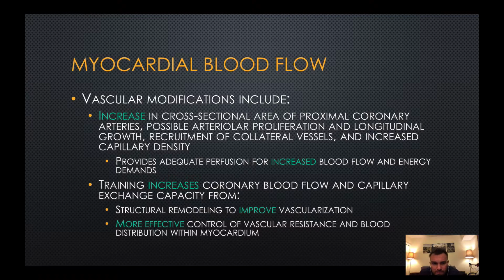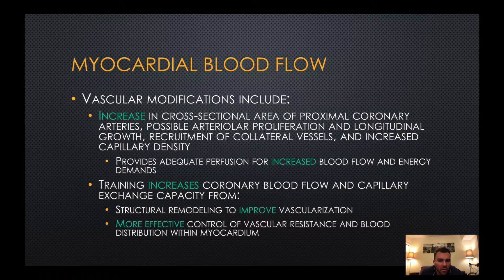Heart blood flow. You might have vascular modifications like increased cross-sectional area of coronary arteries, collateral vessels, increased capillary density of the heart, a lot more perfusion for increased blood flow and energy demands.